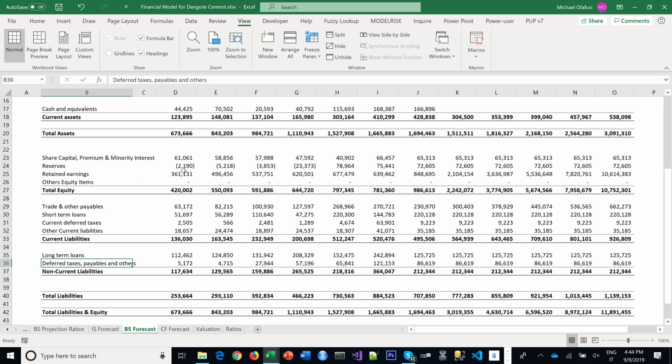I'm just going to bundle together everything in this, I will just say changes in other equity items.